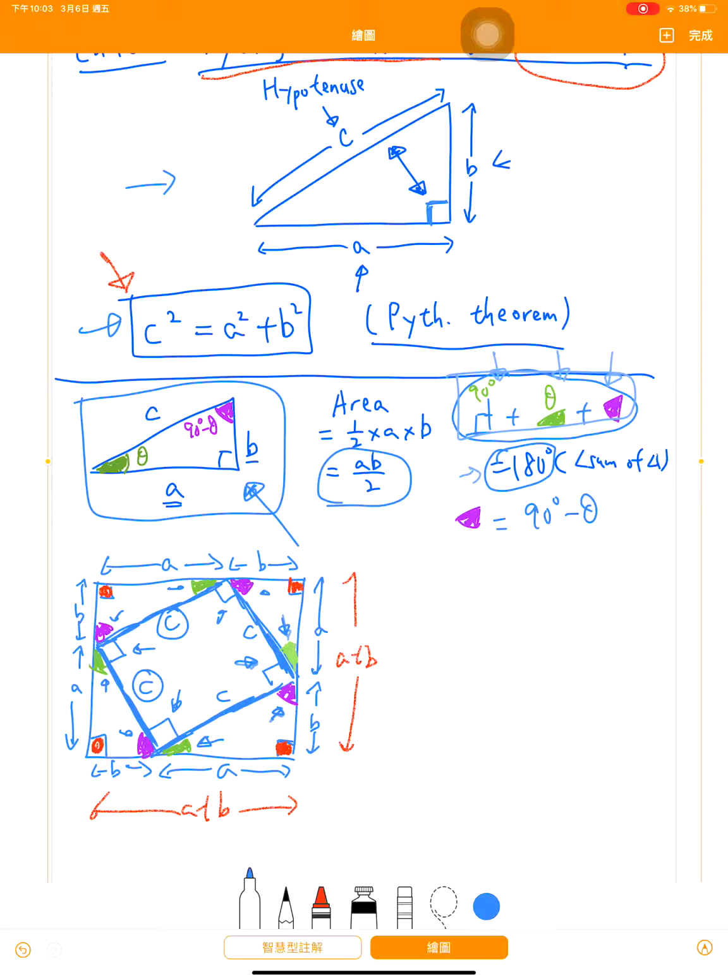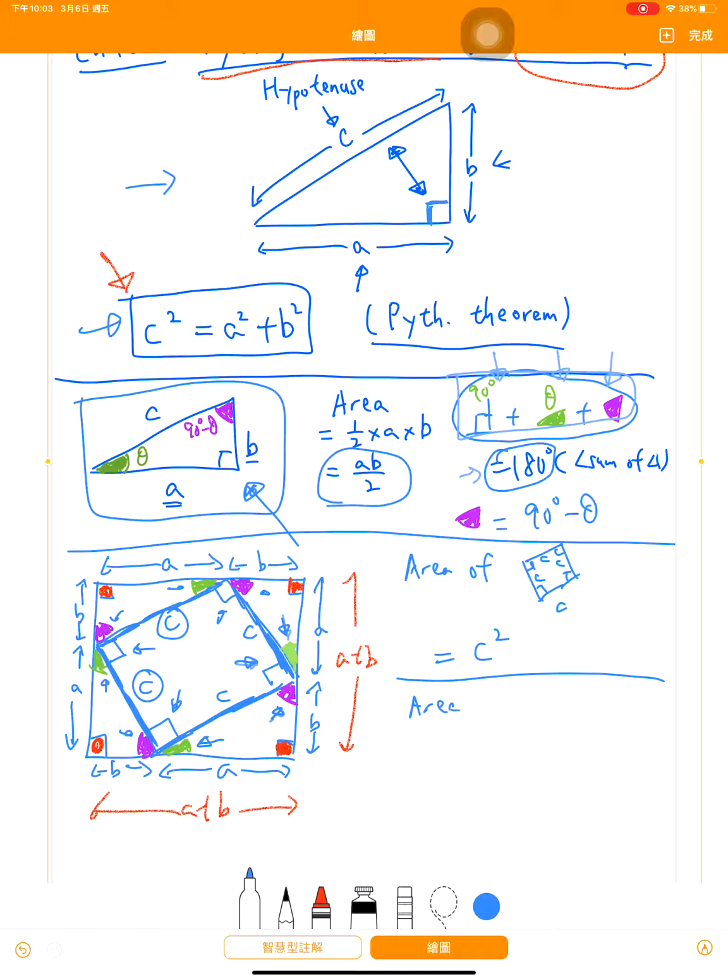First of all, if I consider the area of the inside square, we have such a square C, right? We know that for a square, easy, C squared, right? But in fact, for this square, the area we can get from the whole square, right?